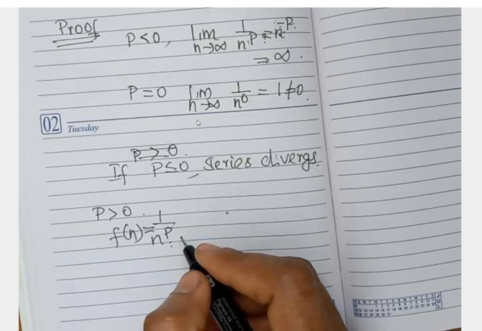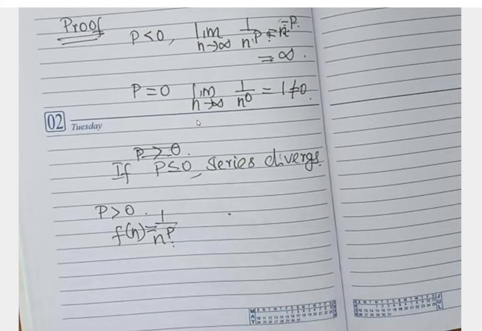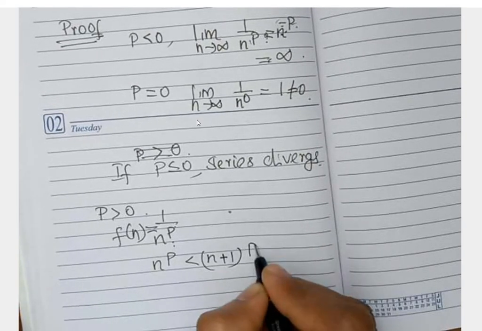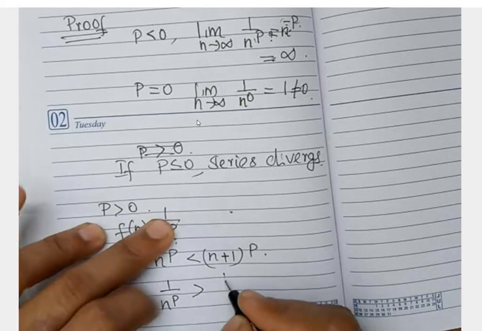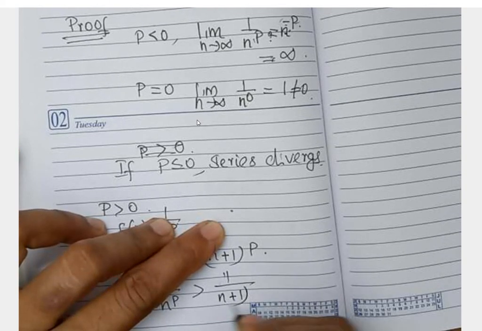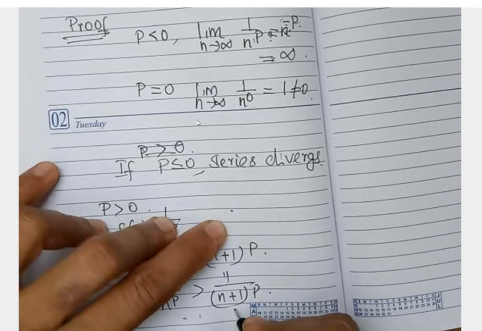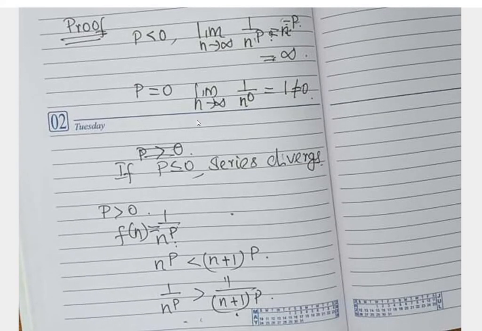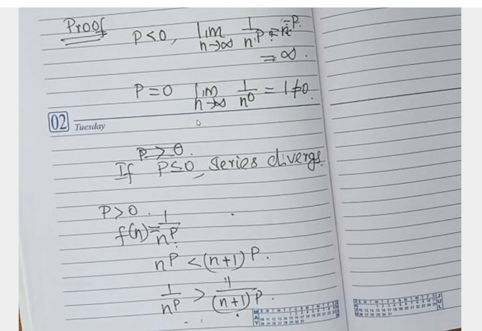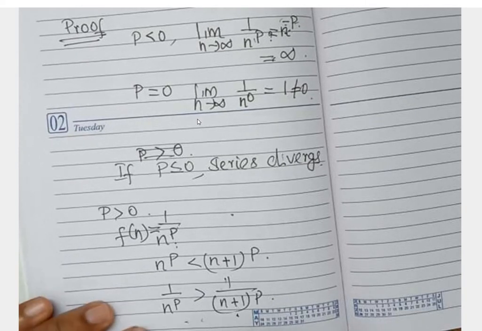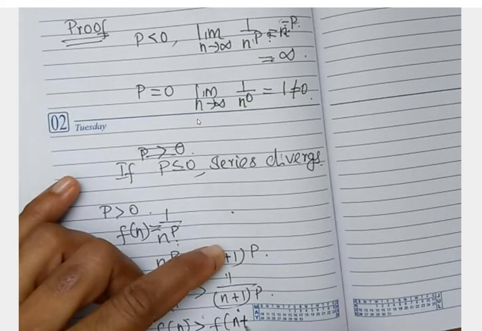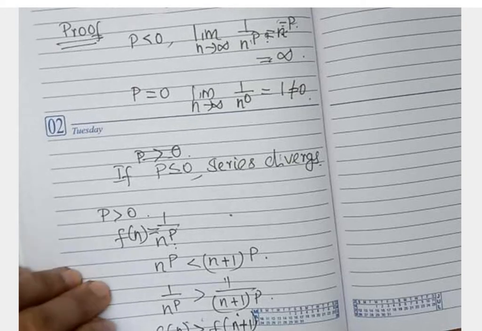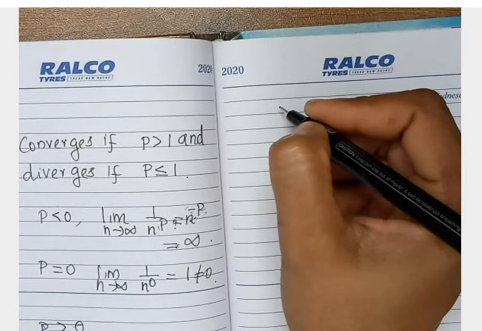How can you say that? 1 by n raised to p is greater than 1 by n plus 1 raised to p. So we can see that this is actually decreasing. So f of n is greater than f of n plus 1. So f is decreasing. So this is a decreasing positive continuous series.